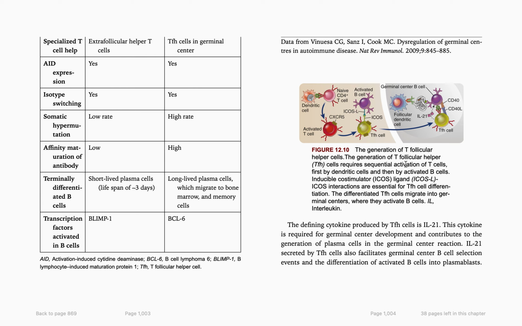The inducible costimulator ICOS and ICOS ligand interaction is essential for T follicular cell differentiation, and the differentiated T follicular cells migrate into the germinal center, where they activate B cells.